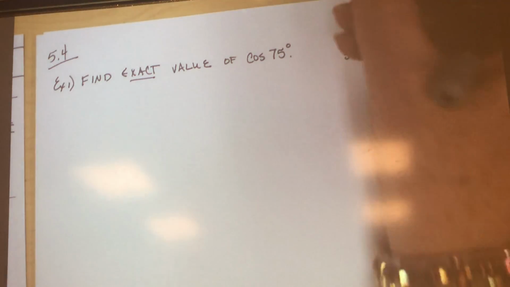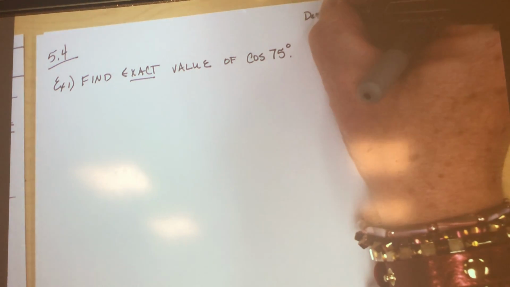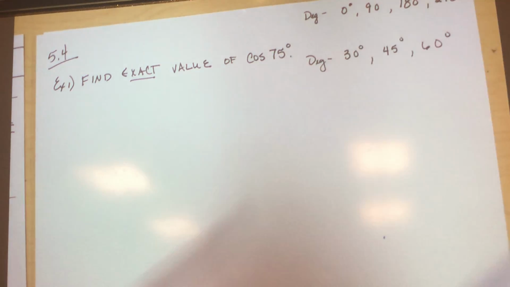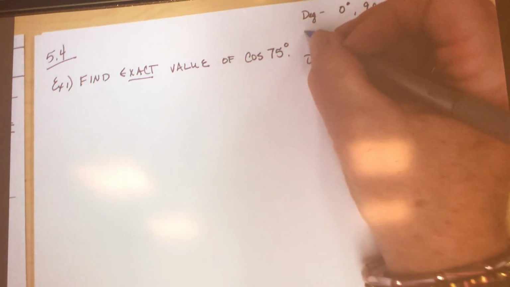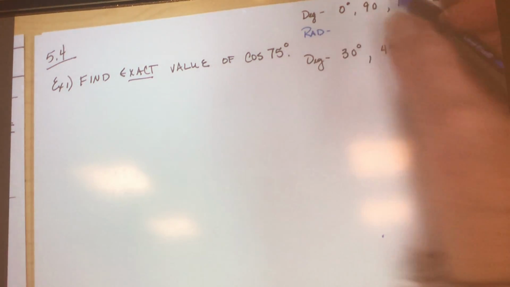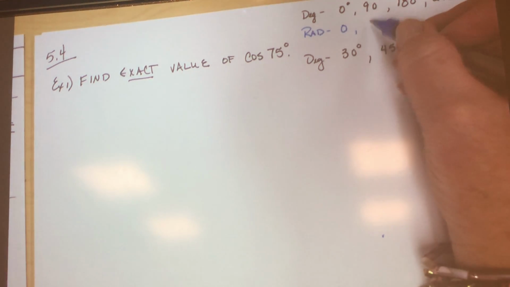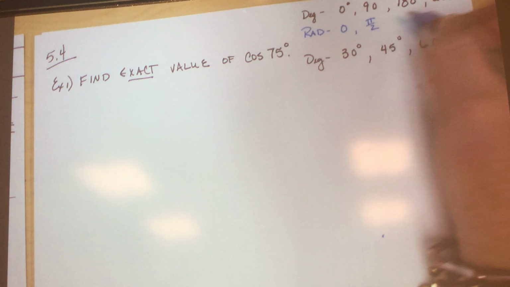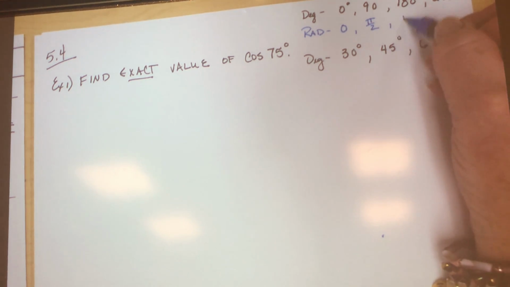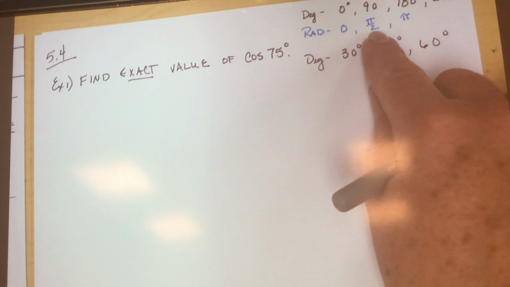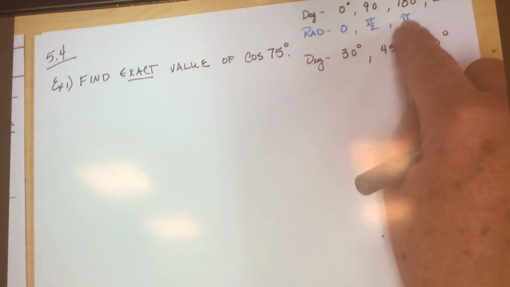So, these are degrees, and these are radians. What is 0 degrees in radians? 0. What about 90? What about 180? Do you see those multiples? Pi over 2 times 2 is 2 pi over 2, that's pi.